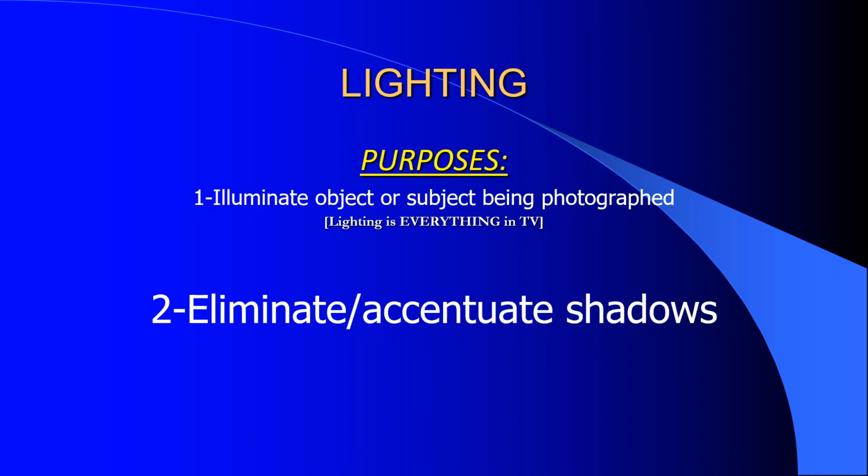So television has to generate moods. So even in places where in reality there would be lots of light, they still create moody types of visuals by accentuating shadows or manipulating the shadows one way or another.